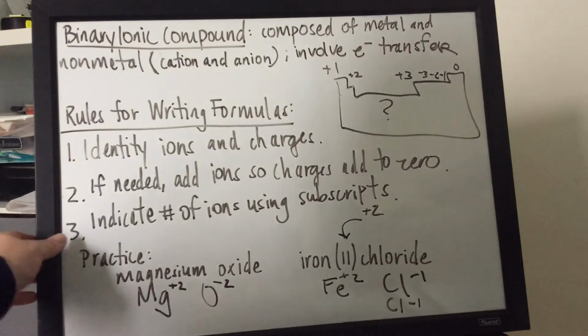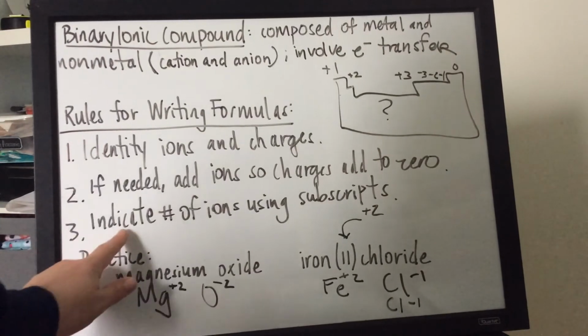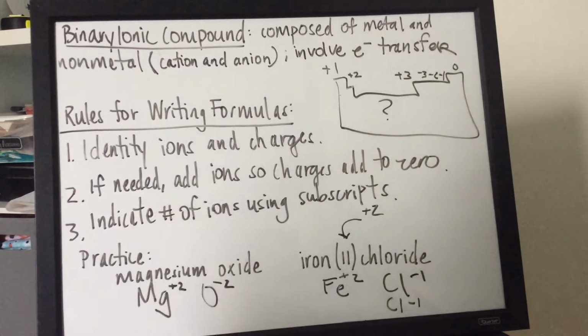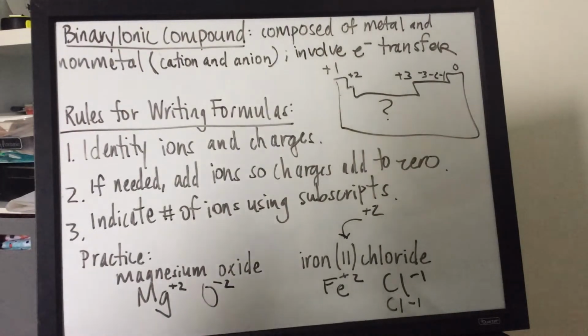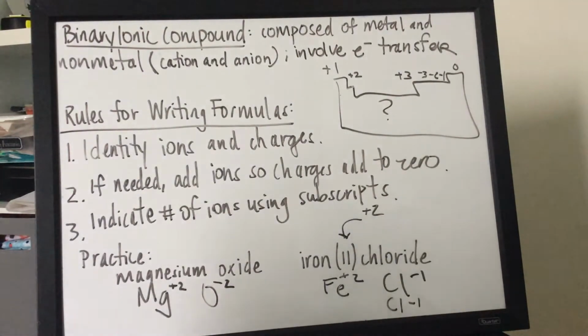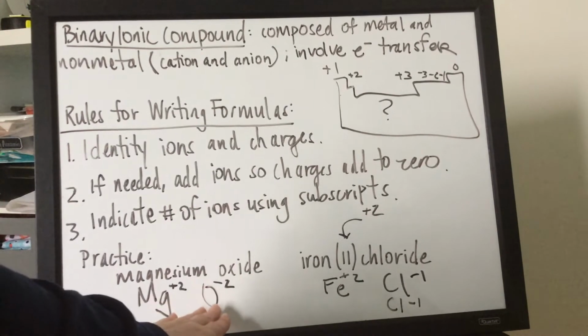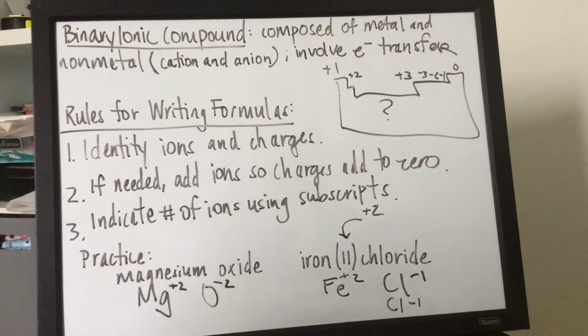Okay, so we were on rule 3, which says that I'm going to indicate the number of ions using subscripts. And subscripts come below the letter. So it's like the opposite of an exponent or a superscript. So what I do now is I look at my set of ions, which was an Mg plus 2 and an O minus 2, and I'm thinking about how many of each I have.